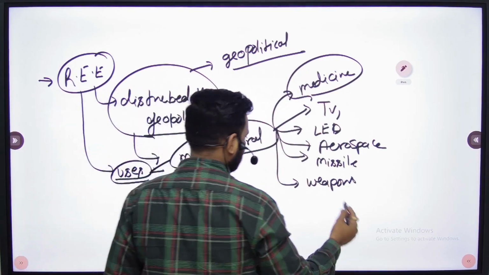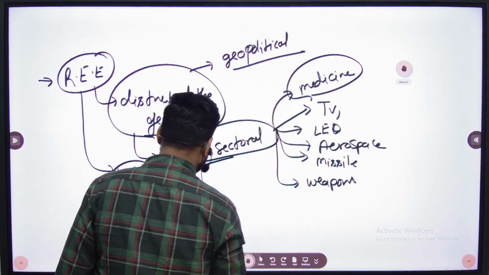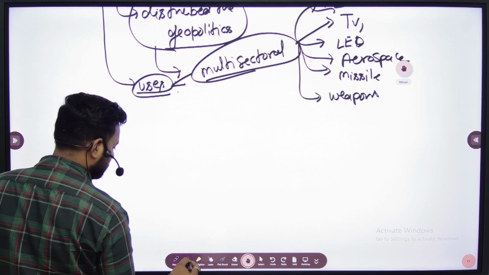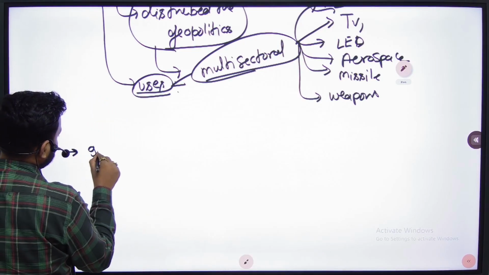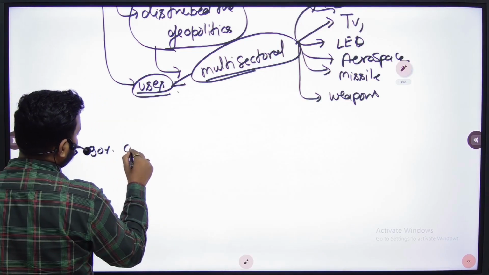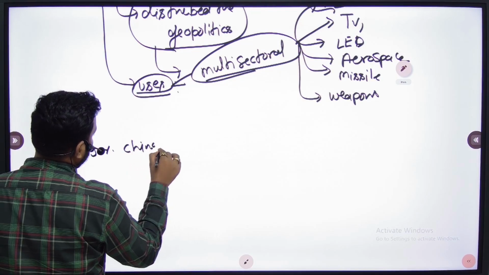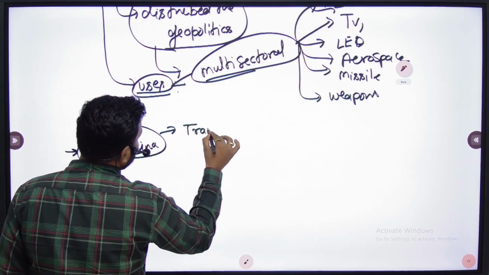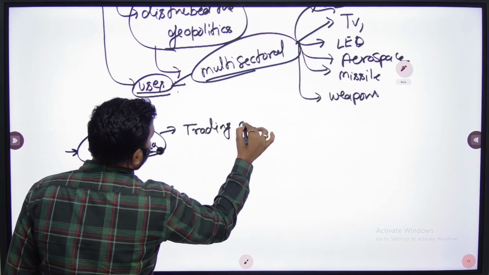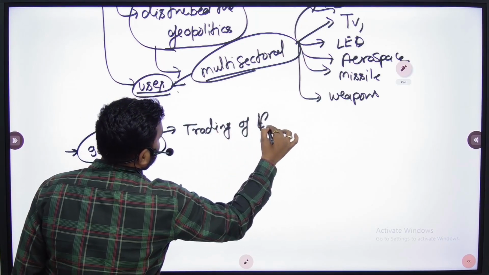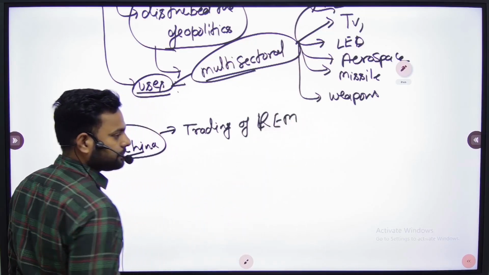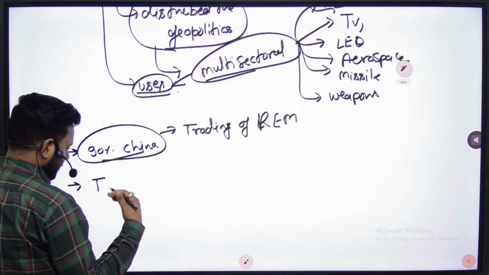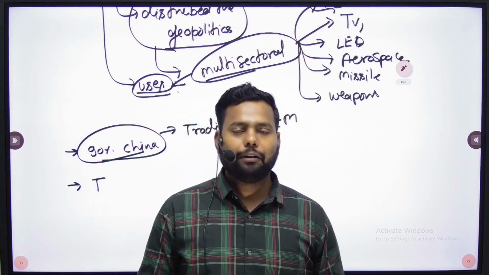Why does it create geopolitical tension? Because of the 90% monopoly of China on the trading of rare earth minerals. You can mention all these stories. And we all know that now there is a trade war between India and US.